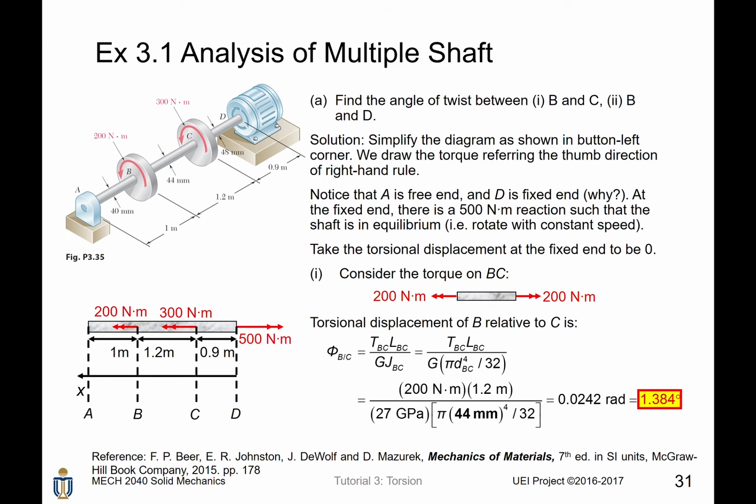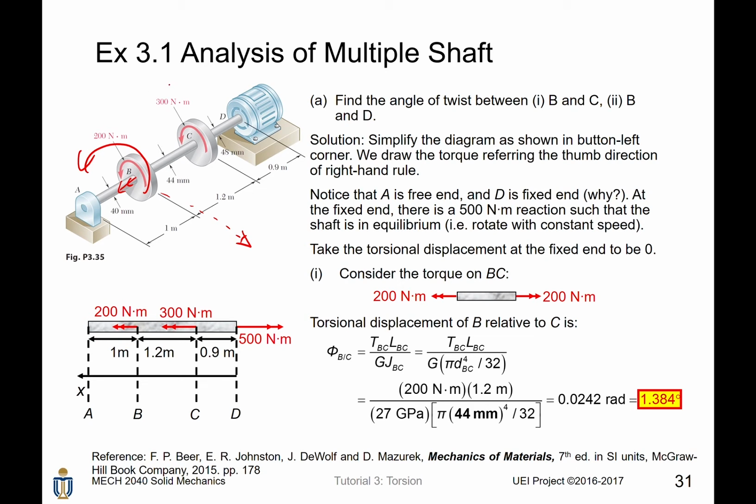Then at point B, there is a torque rotating in this way, and you are the observer standing here. By using your right-hand rule, the thumb is pointing to the left-hand side. Therefore, you can write this torque in this form.